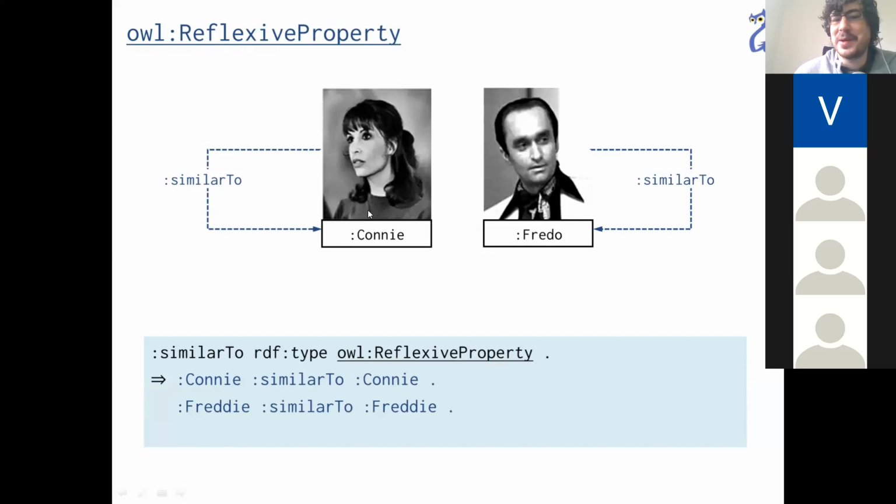So it doesn't matter if it's a person, an event, a book, a movie, a Boolean value, basically everything becomes similar to itself. So we infer Connie similar to Connie, Freddie similar to Freddie, and all of the entities will be similar to themselves. Okay, another example, if we were defining the OWL vocabulary, using the OWL vocabulary, we could say OWL same as this type reflexive property, meaning that everything is the same as itself. So this means really that everything is similar to itself.